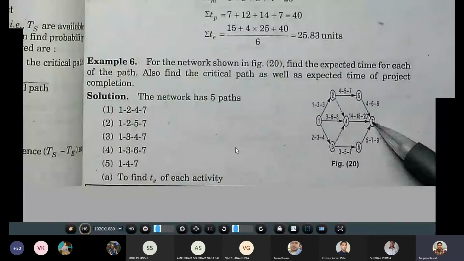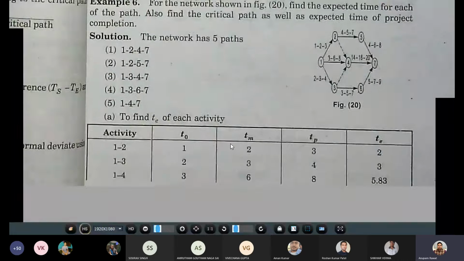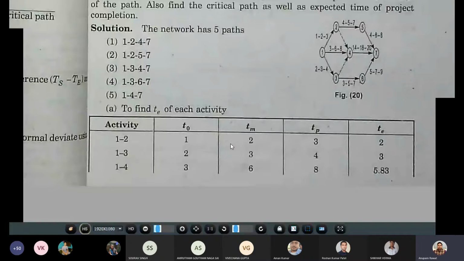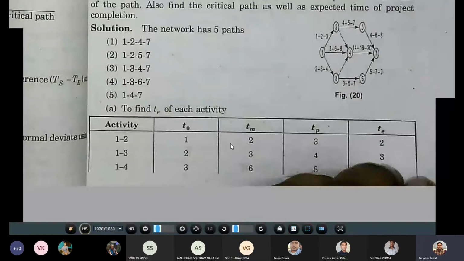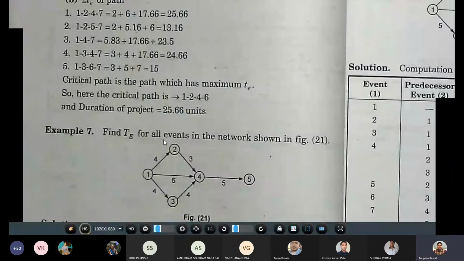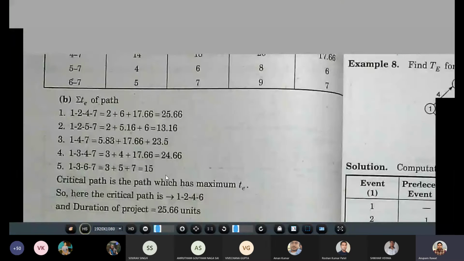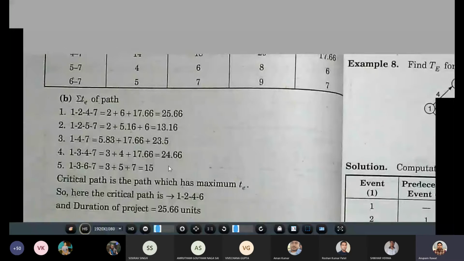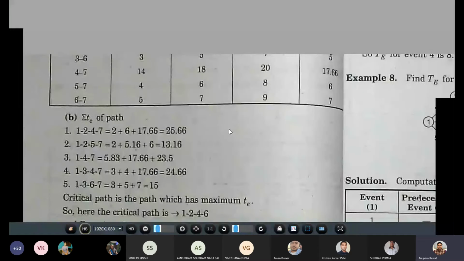So for this purpose, we have to simply draw the table as we have done previously. So in this way we will calculate the TE. Now in the tabular form, TE is calculated. Now for each path, we will do the summation of the TE of the path, and find the expected time of the path.